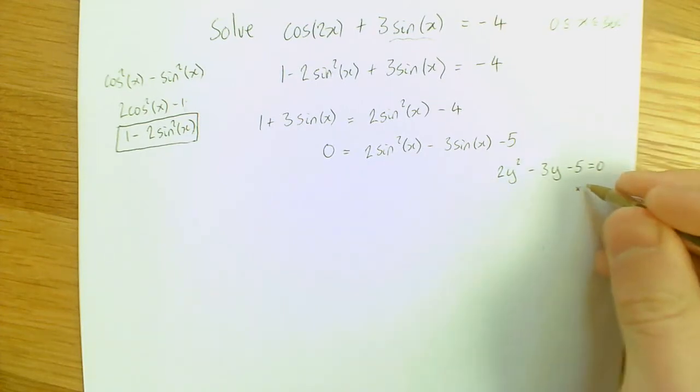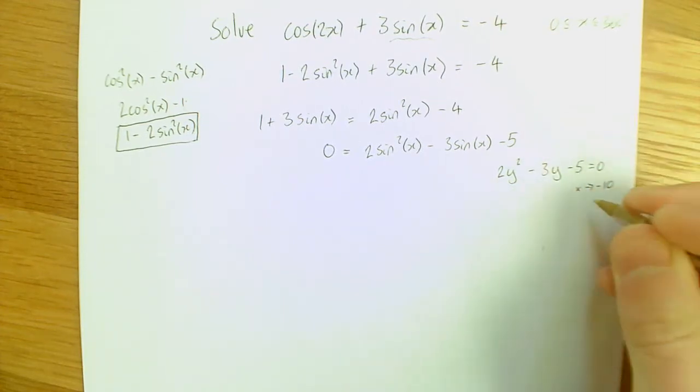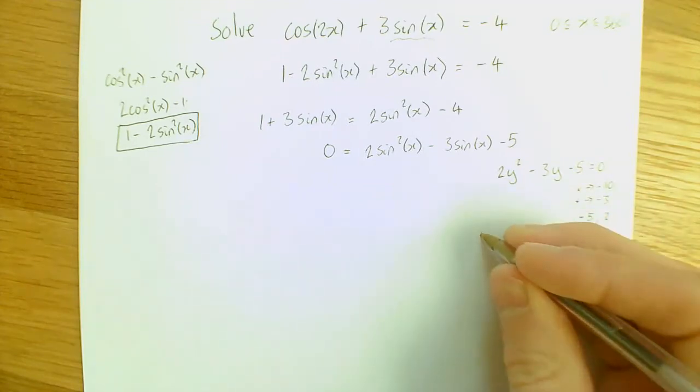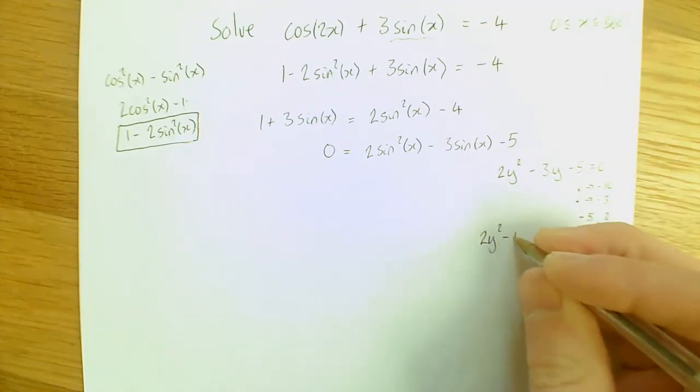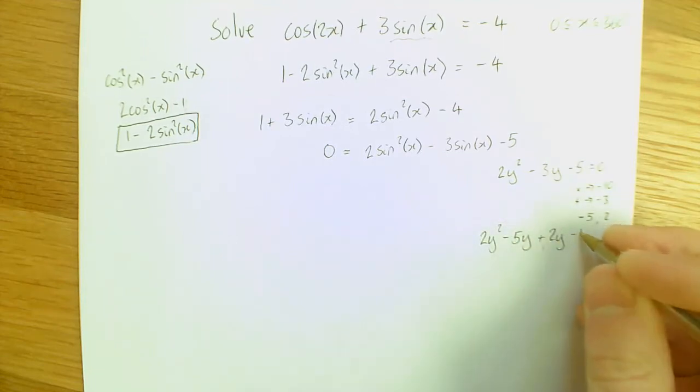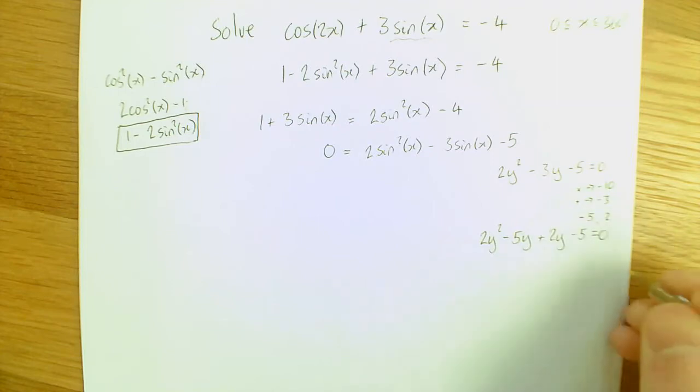Factorizing that, we want two things that multiply to give minus 10, add to give minus 3. Well, the options for that are 5 and 2, and the 5 better be negative. So we've got 2y squared minus 5y plus 2y minus 5 equals 0.